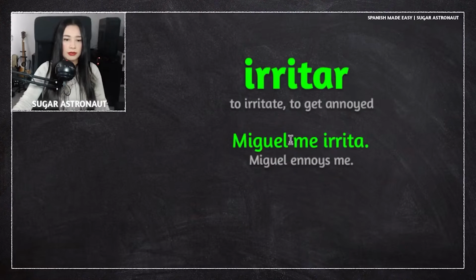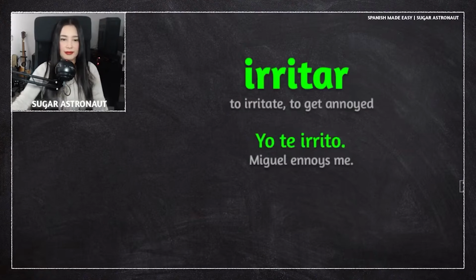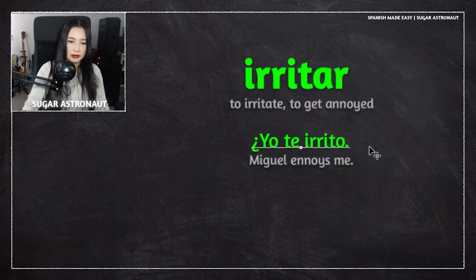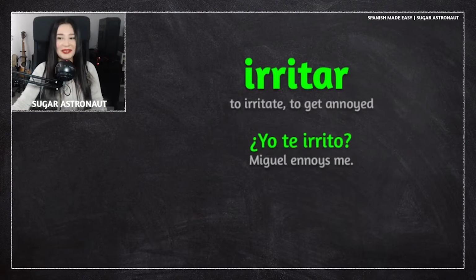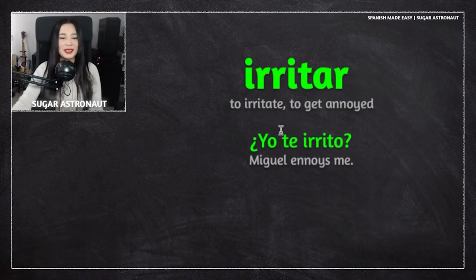You can also say yo te irrito. Even you can make it a question. Yo te irrito. It sounds quite cute, the whole sentence. Yo te irrito. What does this mean?